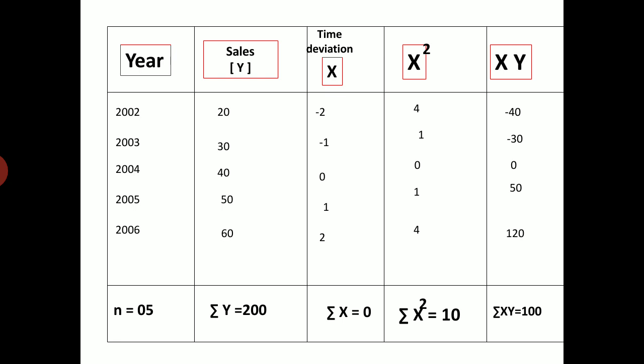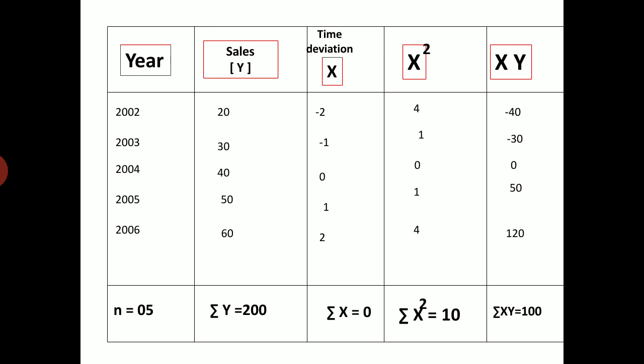2002 minus 2004 is minus 2. 2003 minus 2004 is minus 1. 2004 minus 2004 is 0. 2005 minus 2004 is 1. 2006 minus 2004 is 2.